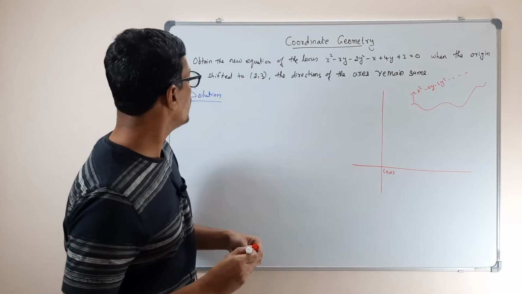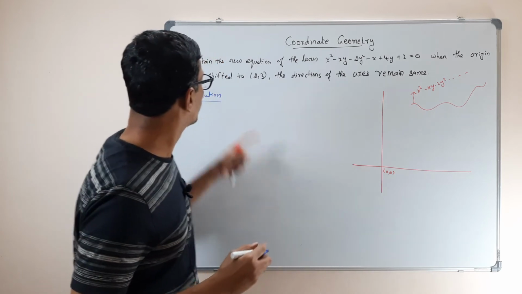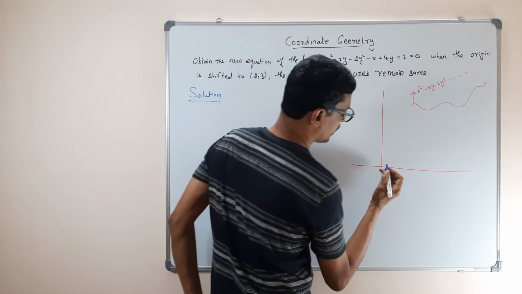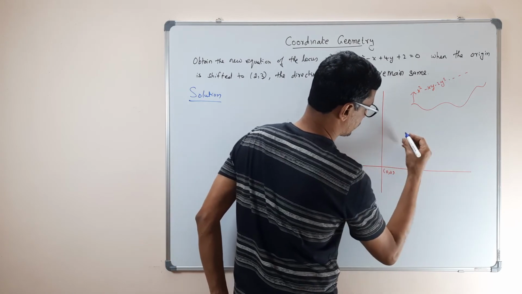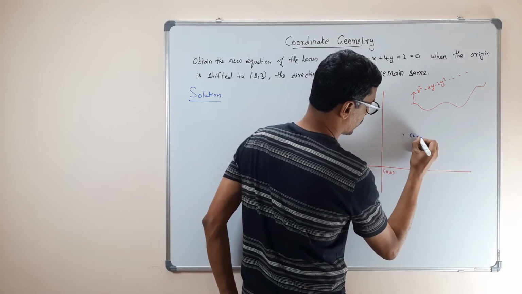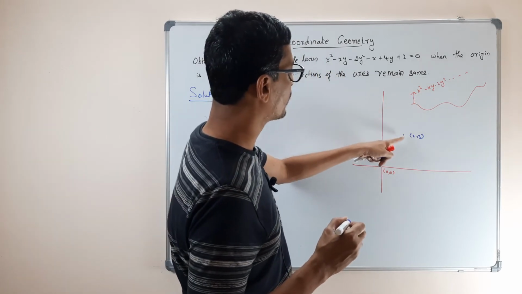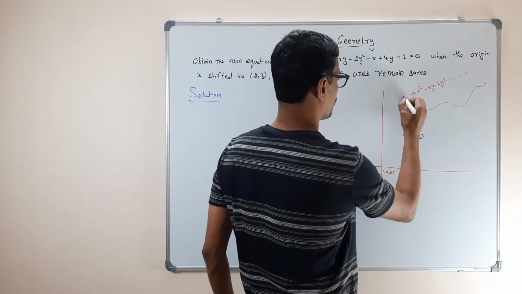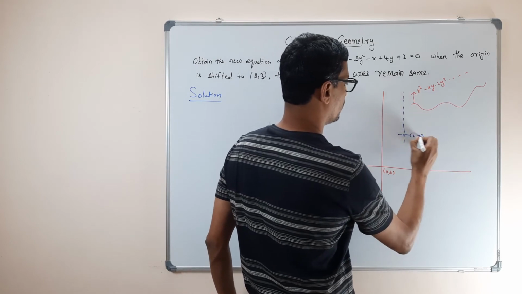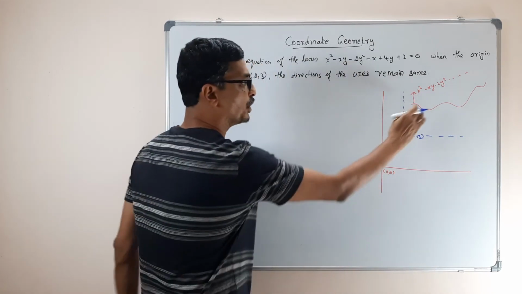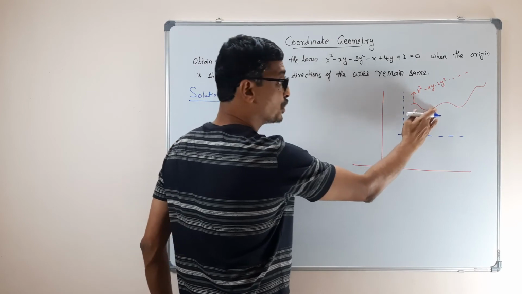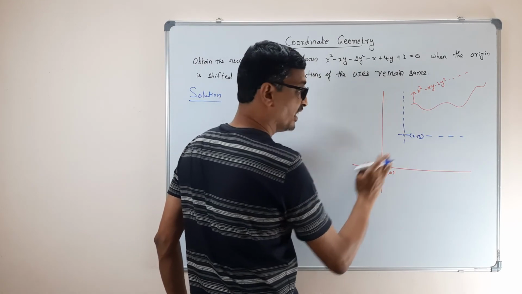Now you are shifting your origin from here to 2, 3. Let me say this is 2 and this is 3. So this is 2, 3. That means you are forming a new coordinate system. Am I right? So what should be the equation of this locus in this new coordinate system?